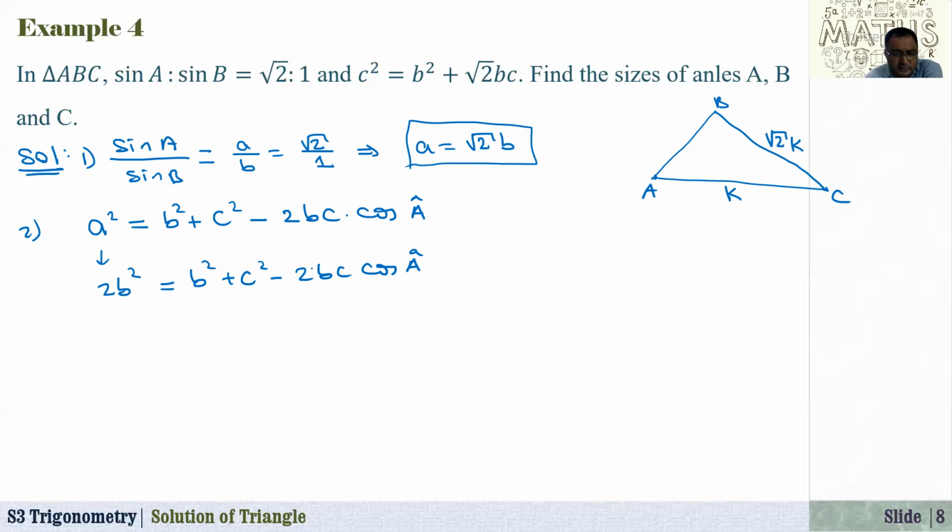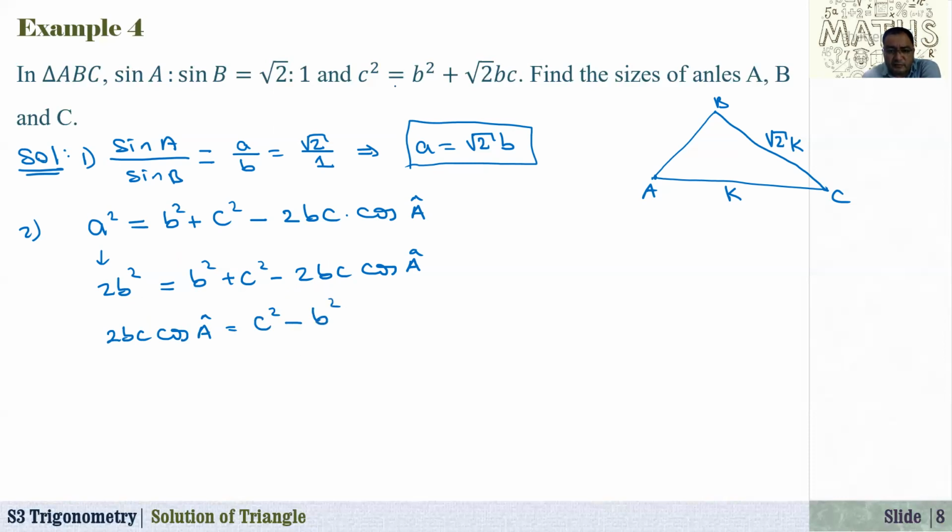Then take 2BC to the left hand side. Here we have 2 times BC cosine of A is equal to C squared minus B squared.